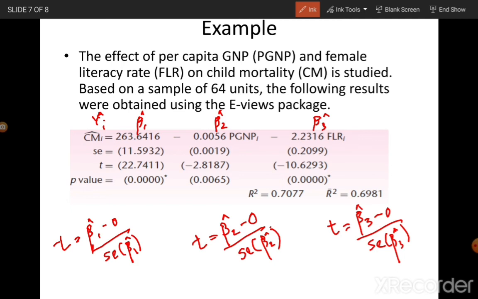So once again, if your p-value is lesser than the alpha that you have chosen, you can reject the null hypothesis. What was my null hypothesis? That beta 2 is equal to 0. So I am rejecting that null hypothesis, which means beta 2 is significantly different from 0. And if it is different from 0, what does that mean? It implies that the variable PGNP, per capita GNP, has a strong impact or influence on my y variable, child mortality.